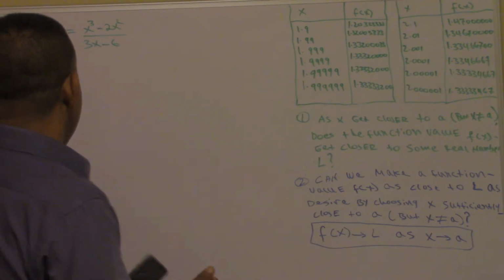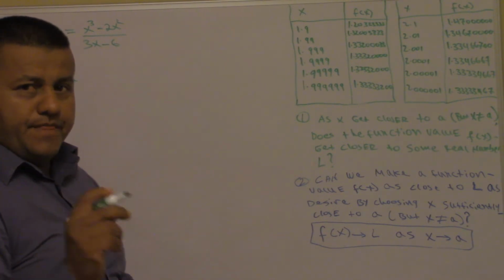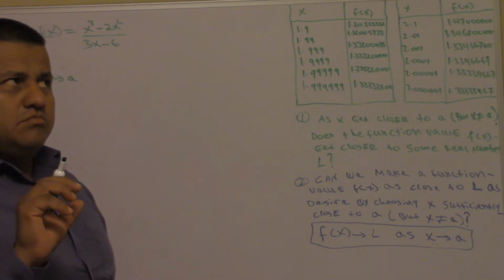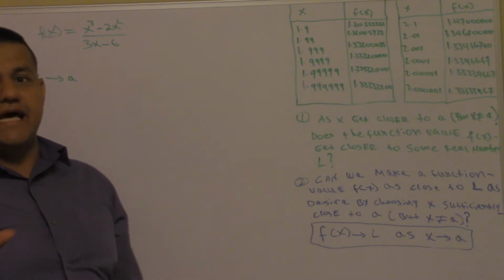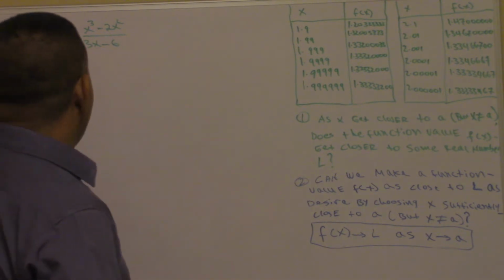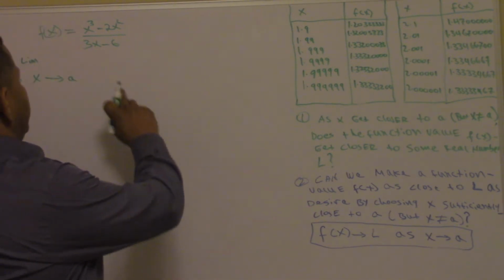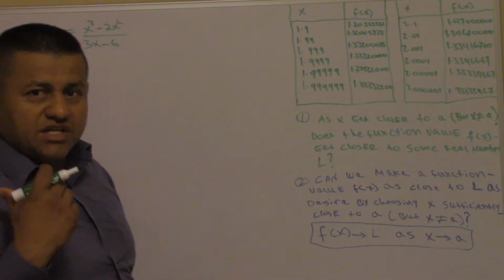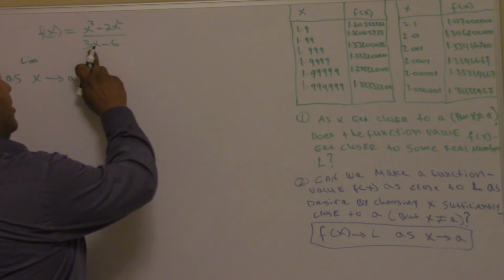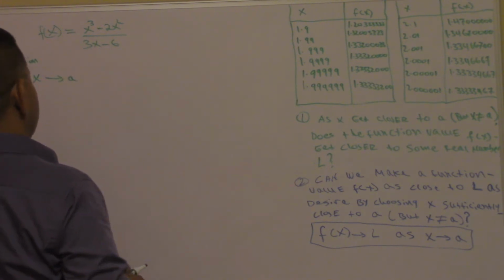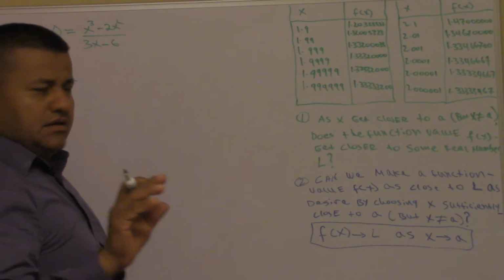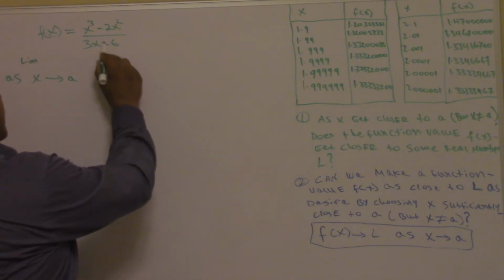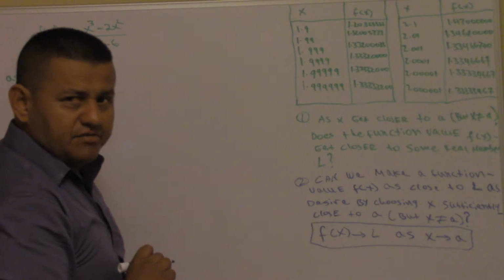Okay? So what I'm going to do is I want to prove that some number is not in the domain. Okay? So I want to go ahead and see what makes the denominator equal 0. Okay? So I have a 3x minus 6 at the bottom, right?